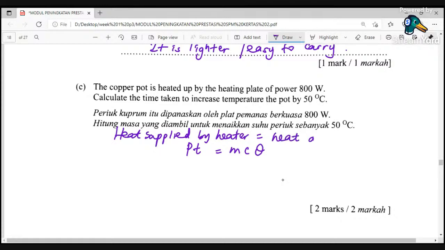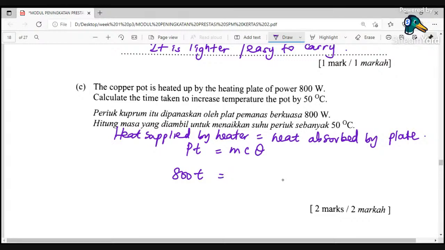First to heat absorbed by plate. Okay, so temperature of plate increase, so we have PT equals mc theta. 800 T.